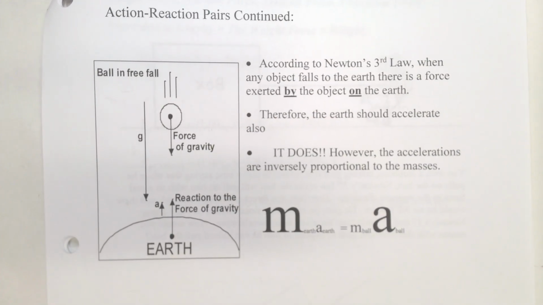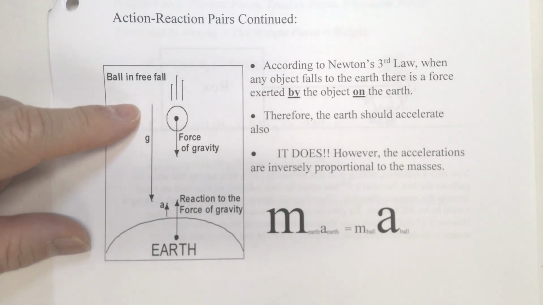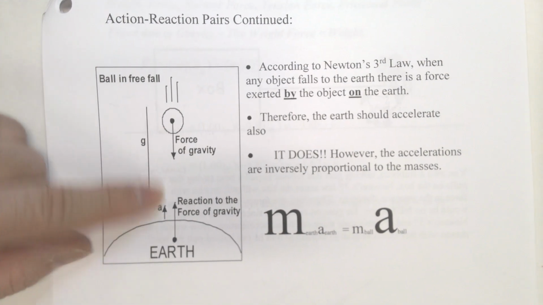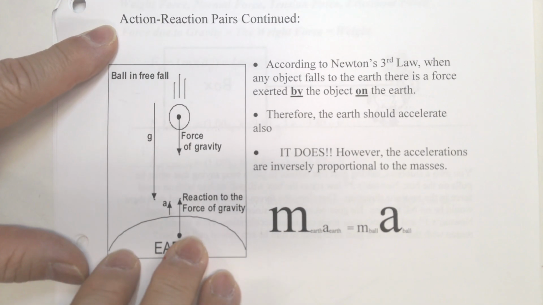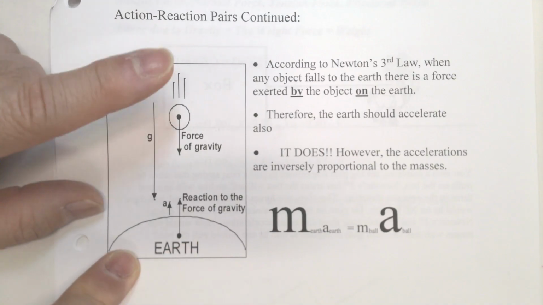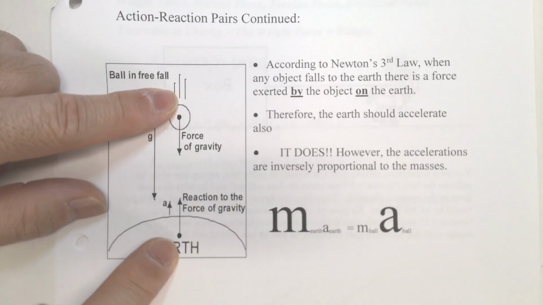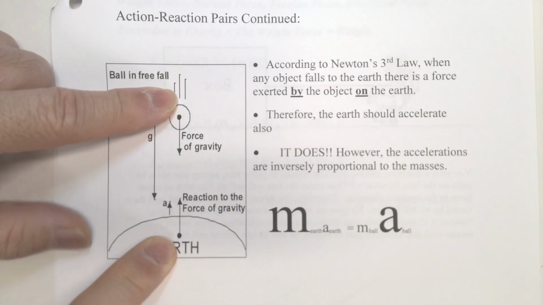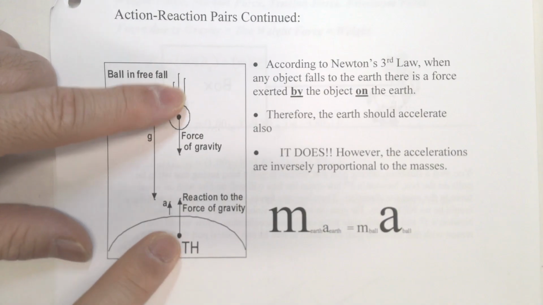Action-reaction pairs continue. According to Newton's third law, when an object falls near the surface of the Earth, there is a force exerted by the object on the Earth. The reason why objects accelerate towards the Earth is the gravitational pull between the object and the Earth. Later on, we're going to learn about Newton's gravity.